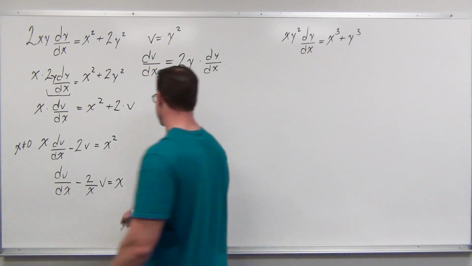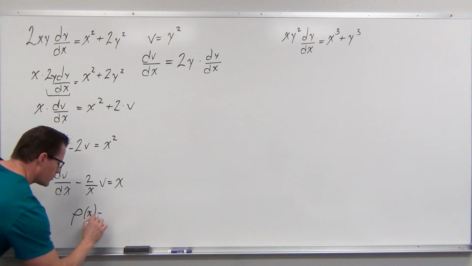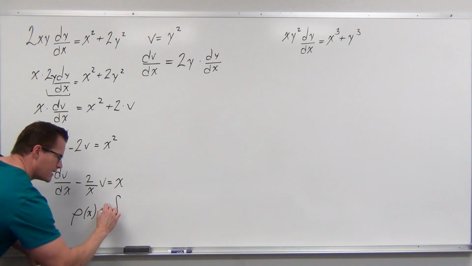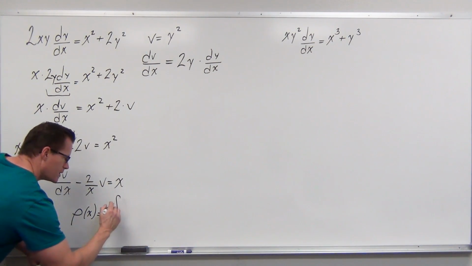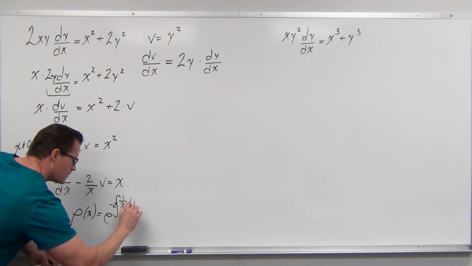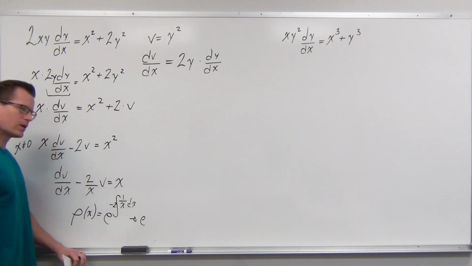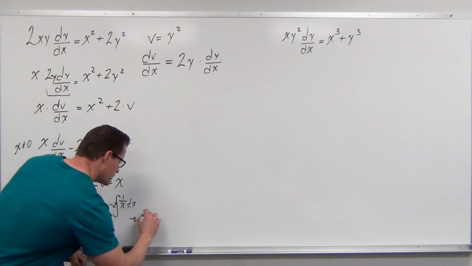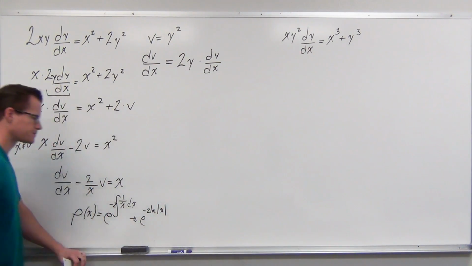So let's find our rho of x, e to the negative, let's just pull that 2 out too, negative 2 integral 1 over x. Well, let's see. That's negative 2 ln absolute value of x.